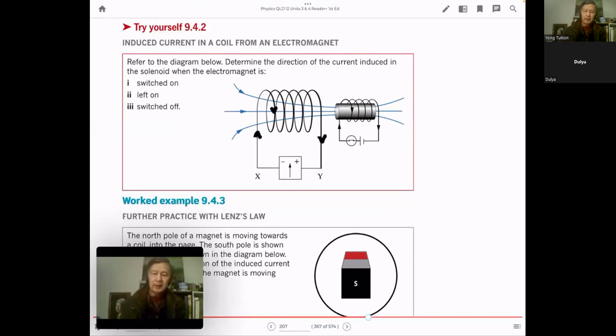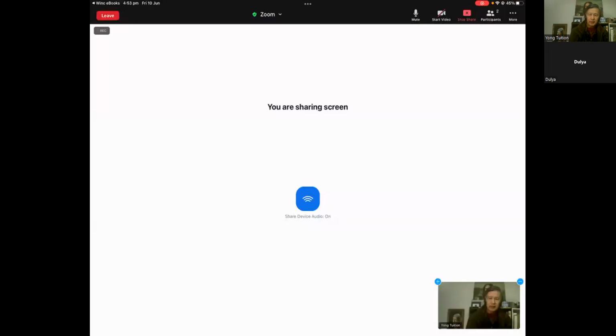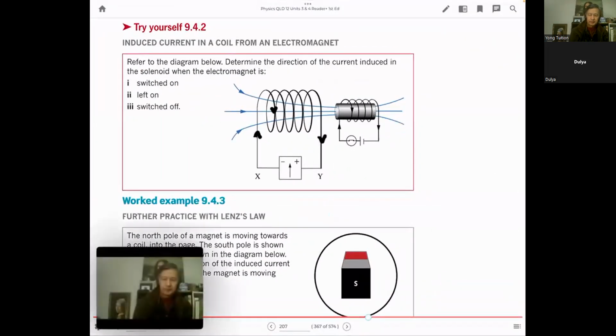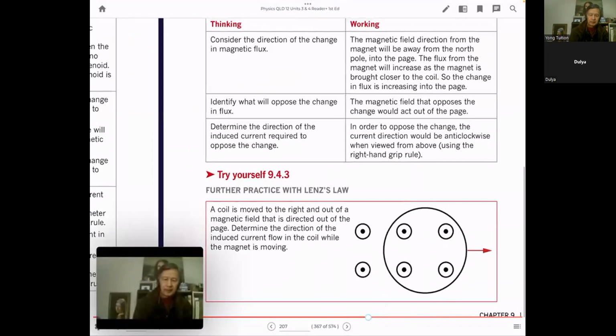Good. Let's move on. Can you search for some other question in your textbook? Can you scroll down to see this Lenz's law? There's another scenario. Can we try this one? Try yourself. Further practice with Lenz's law.